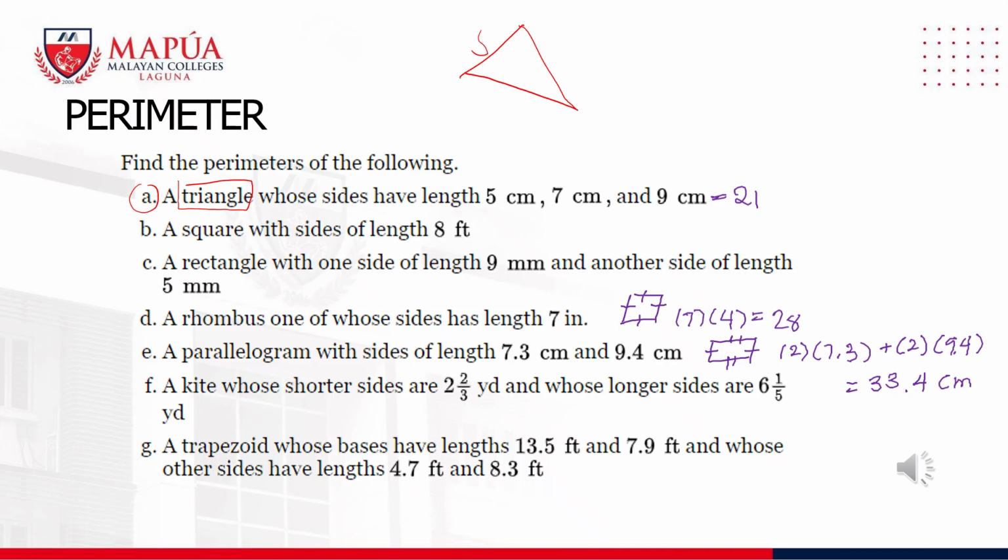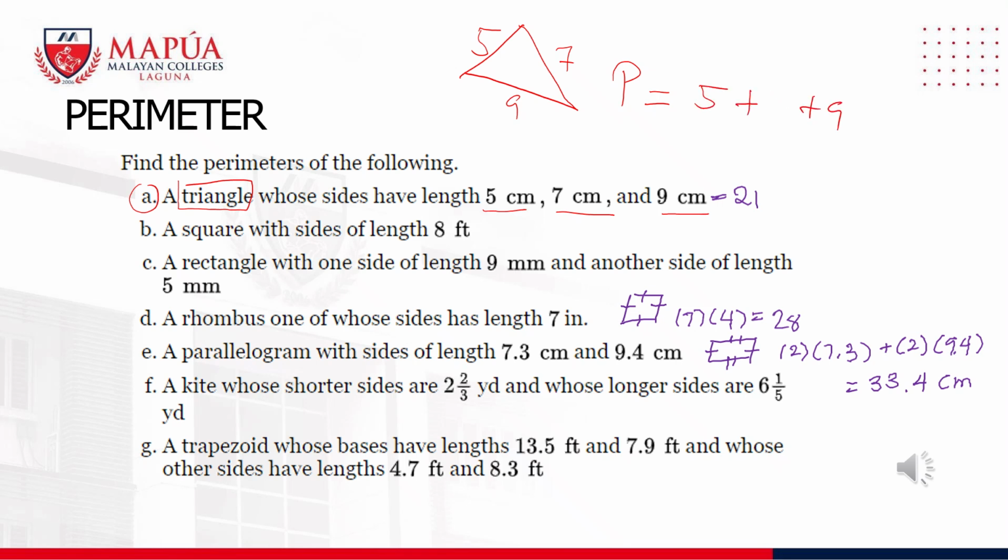So if this is 5, this is 7, and this is 9, we're given the lengths of the sides of the triangle as 5 centimeter, 7 centimeter, and 9 centimeter. So the perimeter is just the sum. Perimeter P is just 5 plus 7 plus 9.